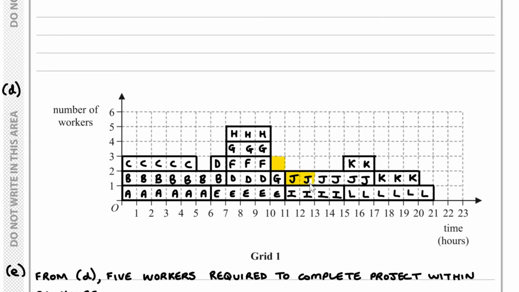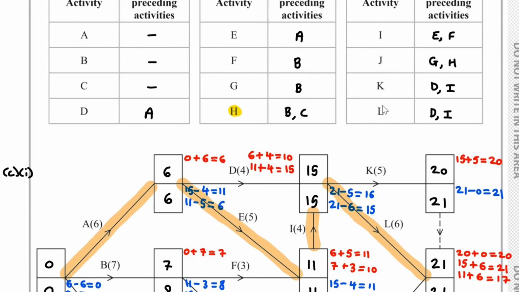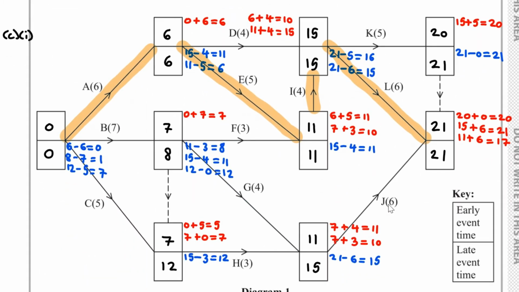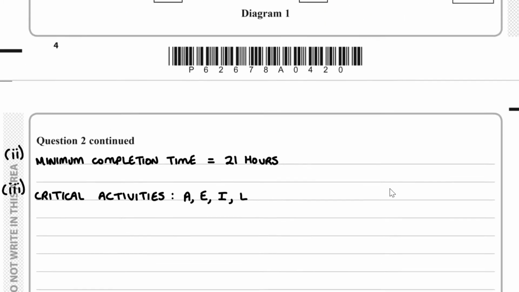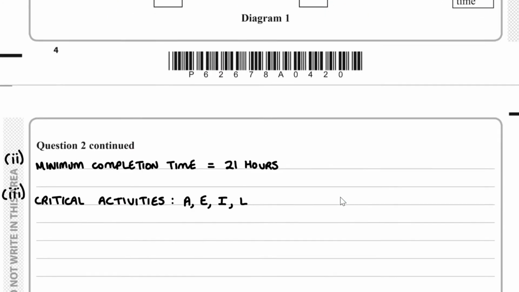And because of this, we now have to delay activity J. So let's just show J. So let's show this over here. And what we know already is J has a duration of 6, and we've delayed it by 2. Now, is this allowed? If we delay it by 2 and start it at 13, this is allowed because the late event time of J is 15.